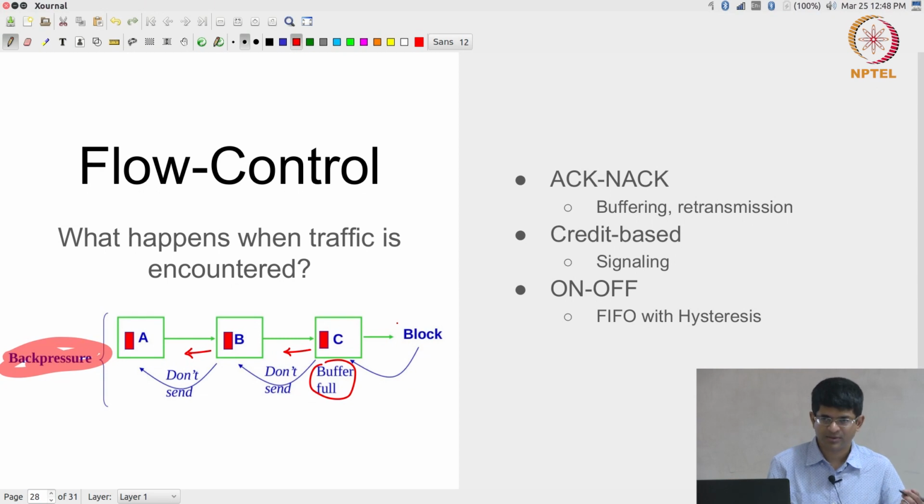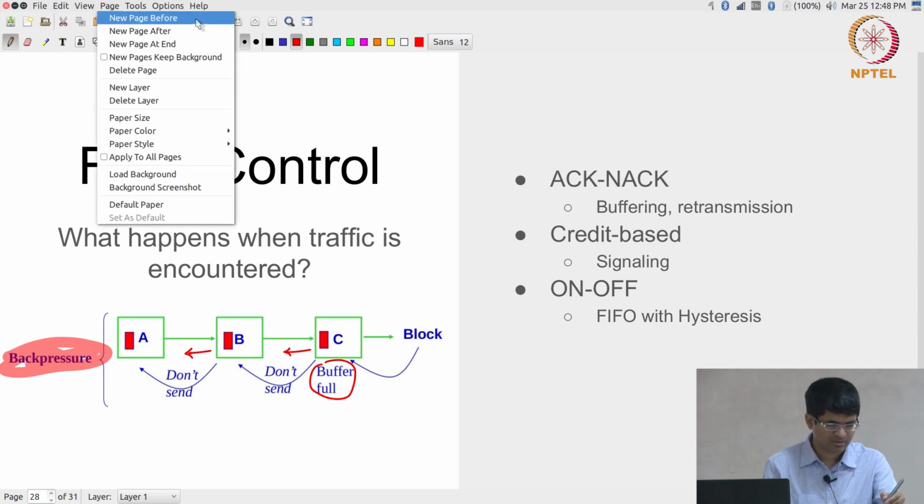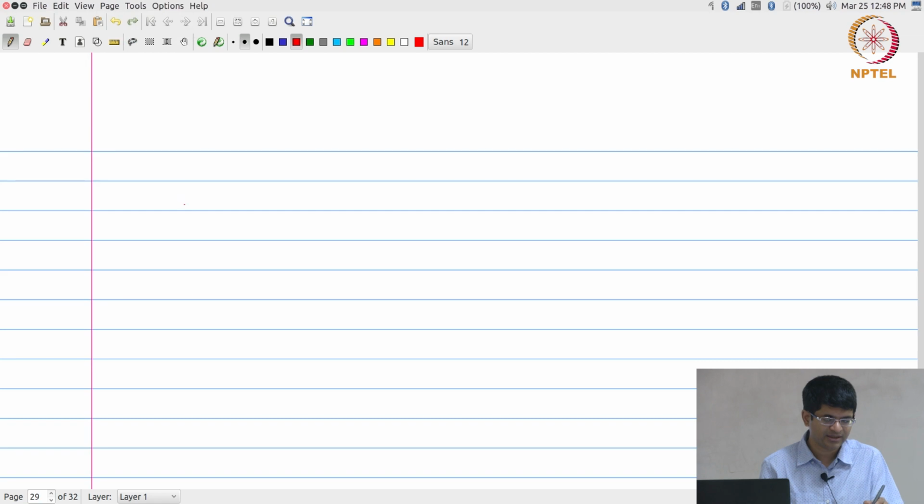How do you implement back pressure? That essentially is the concept of flow control. Okay. There are multiple ways by which we can do this. One of them is the so-called ACK/NAC approach, right? The simplest way that we can think about it is something like this. I basically have A trying to talk to B, right?